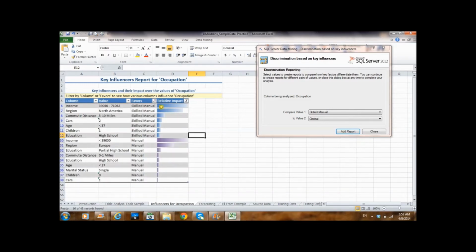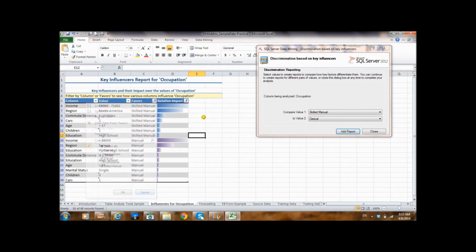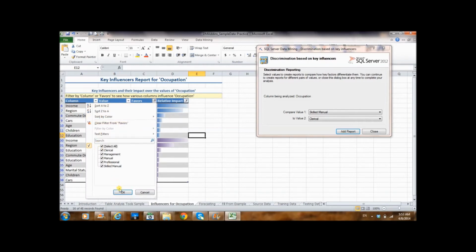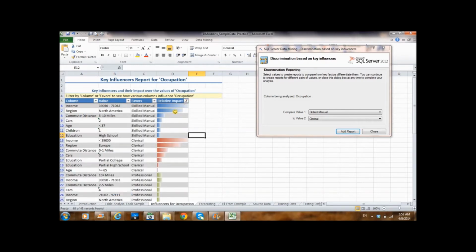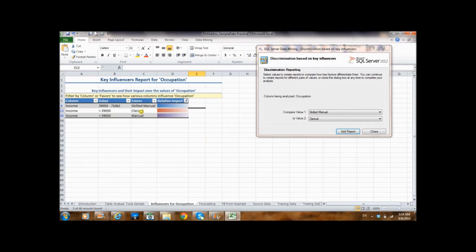Okay, or you can see what the most determining factors are for each type of job, and then you can choose. Income level 39,000 to 71,000 indicates the person is most likely skilled manual.